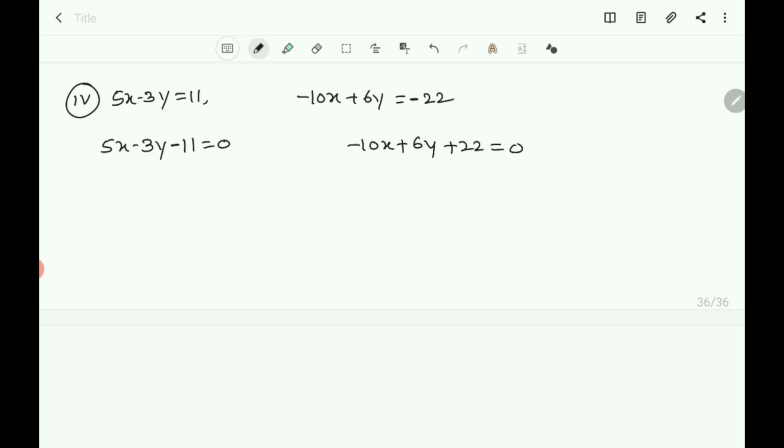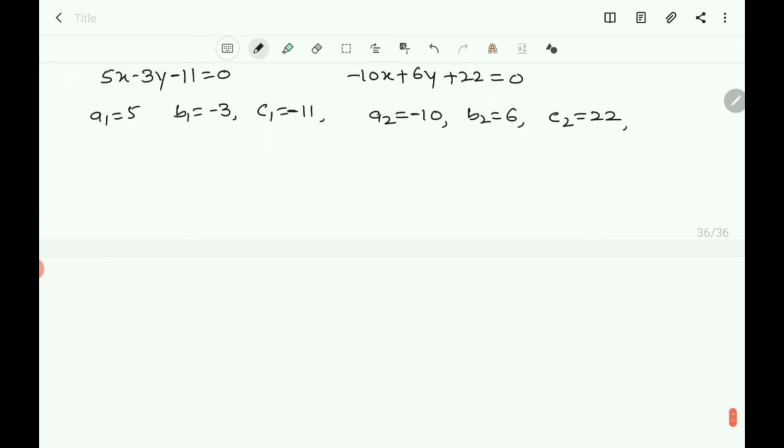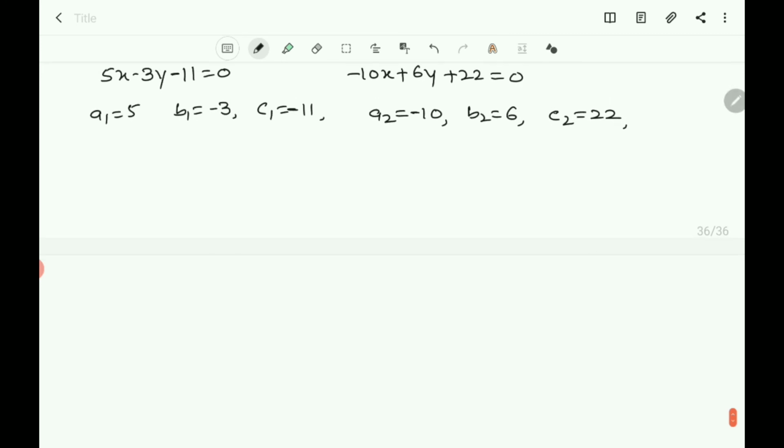So you write here a1 is 5, b1 is minus 3, c1 is minus 11. And in the second equation, a2 is minus 10, b2 is 6, c2 is 22. Then a1 by a2, that is a1 is 5, a2 is minus 10.